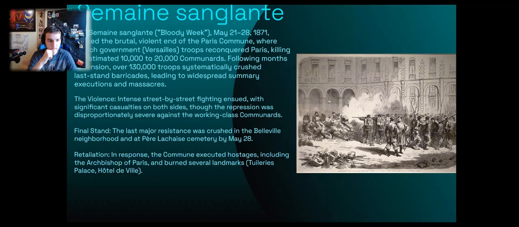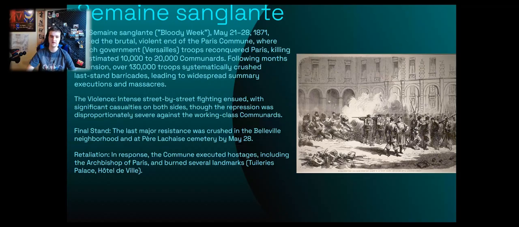All right. So the Semaine Sanglante was the brutal, violent end of the Paris Commune, where the French government troops reconquered Paris, killing an estimated 10,000 to 20,000 communards. Following months of tension, over 130,000 soldiers systematically crushed the last-stand barricades, leading to widespread summary executions and massacres.